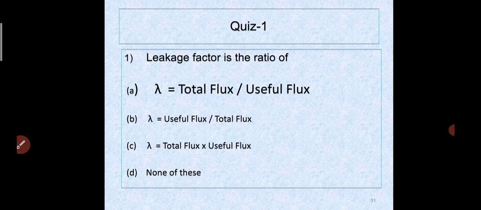The leakage factor is a ratio of: A, total flux by useful flux; B, useful flux by total flux; C, total flux into useful flux; D, none of these. So the answer is total flux by useful flux.